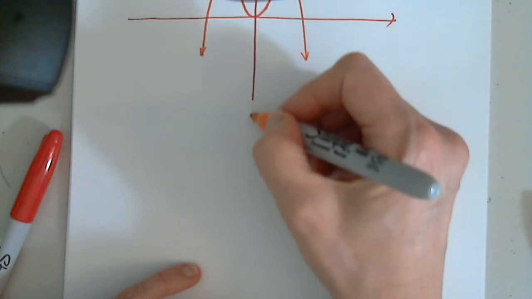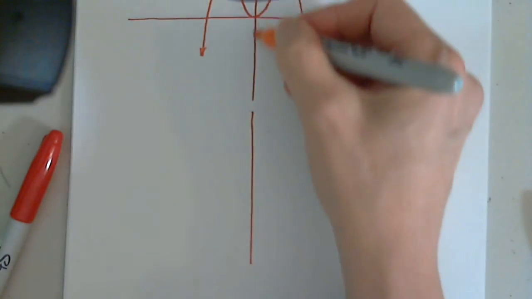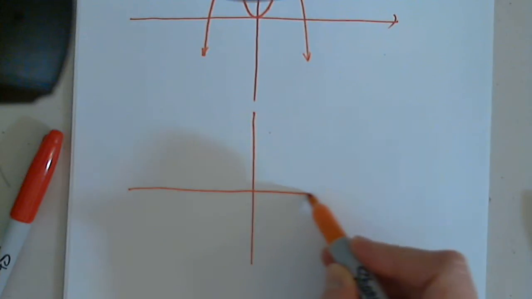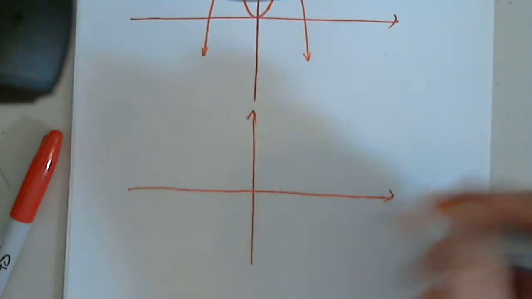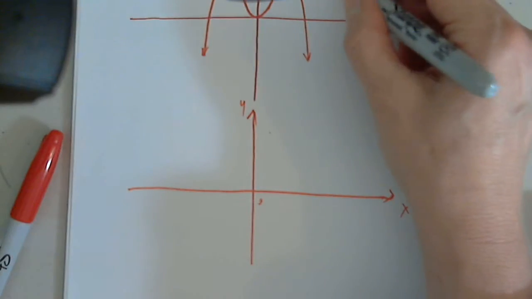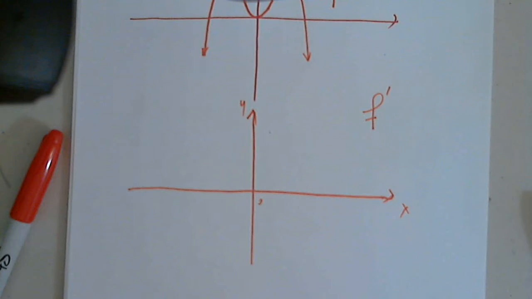Right exactly right under, extending the vertical, the y-axis, and a horizontal or x-axis. This is our function, and we want to sketch a graph of its derivative.